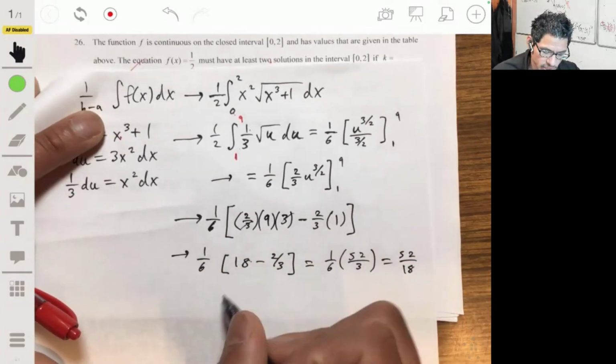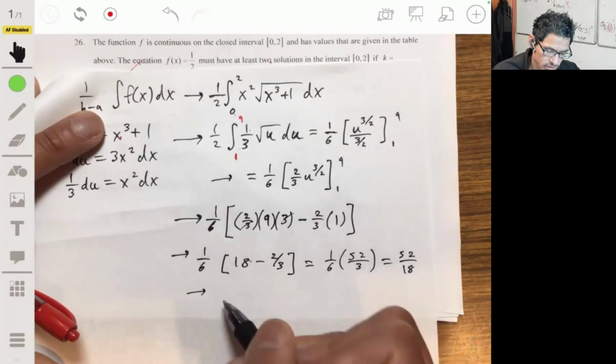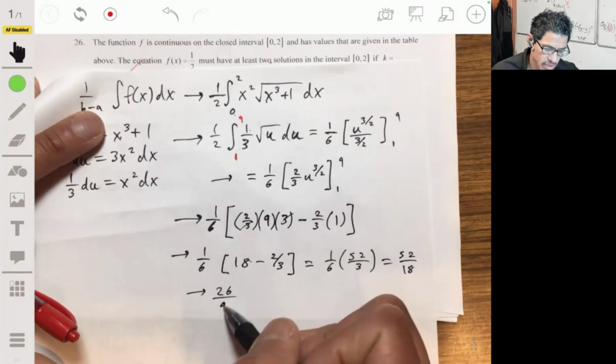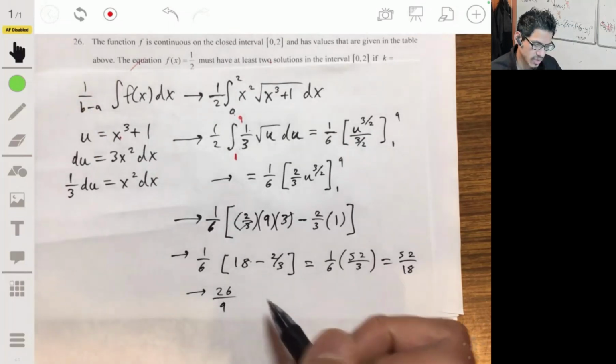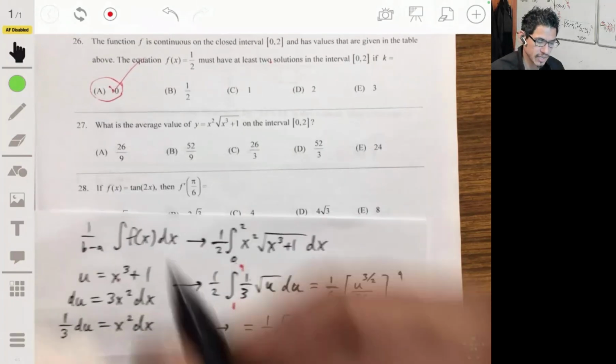Reducing this, we would get 26 over 9. And I believe that's as far as we can go. Yeah, and the answer is A.